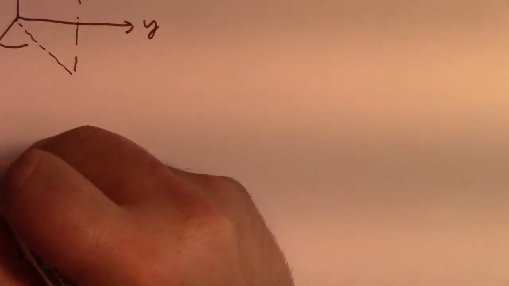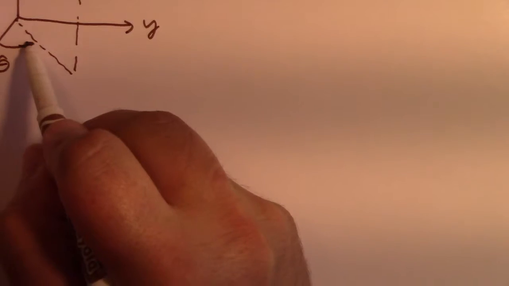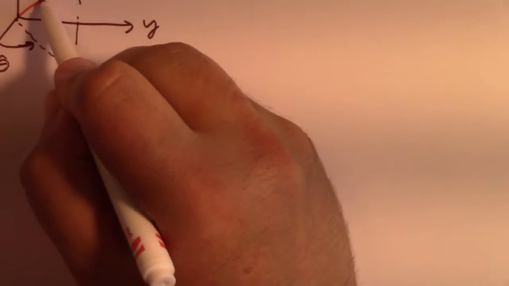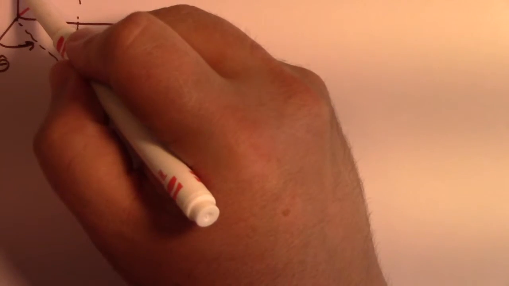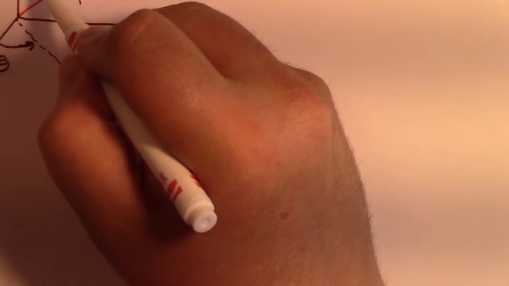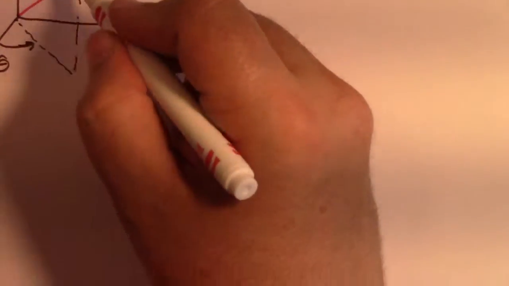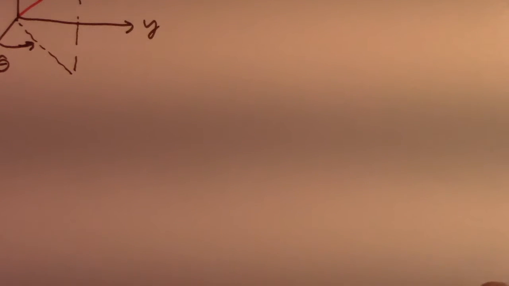If this is x, y, and here's z, this would be the standard angle theta measured like that. The line from the origin out to the point in question P, well, the polar angle would be this guy. We usually use phi. Now in physics, they tend to switch the definitions of these. But anyway, this is not physics, this is math.